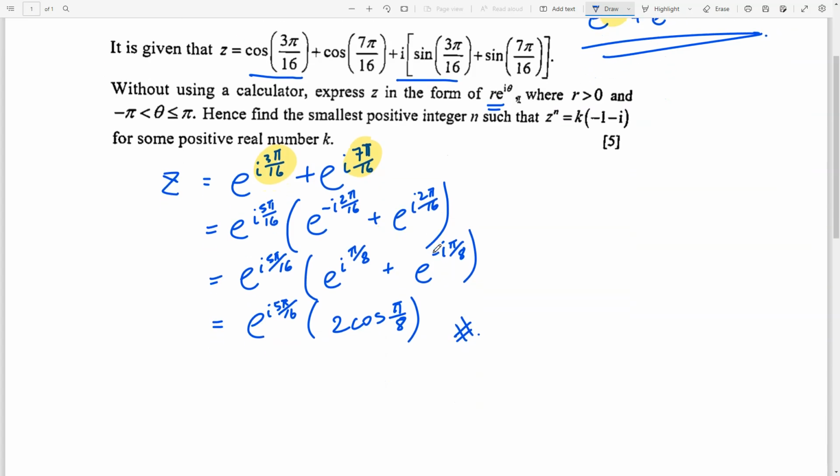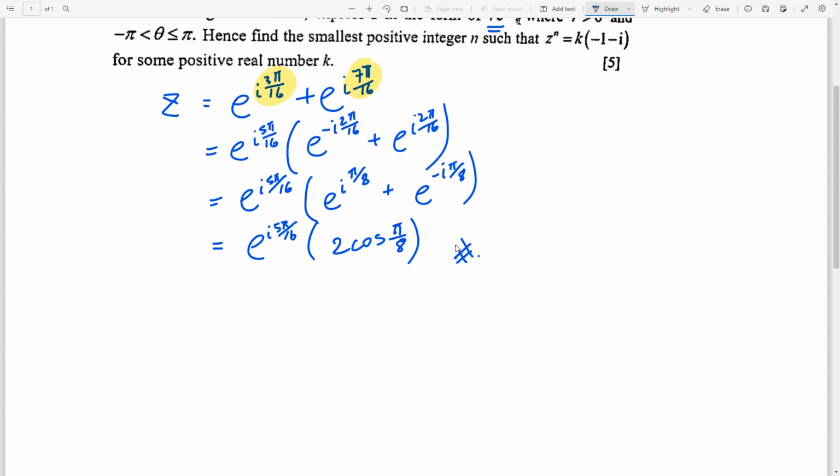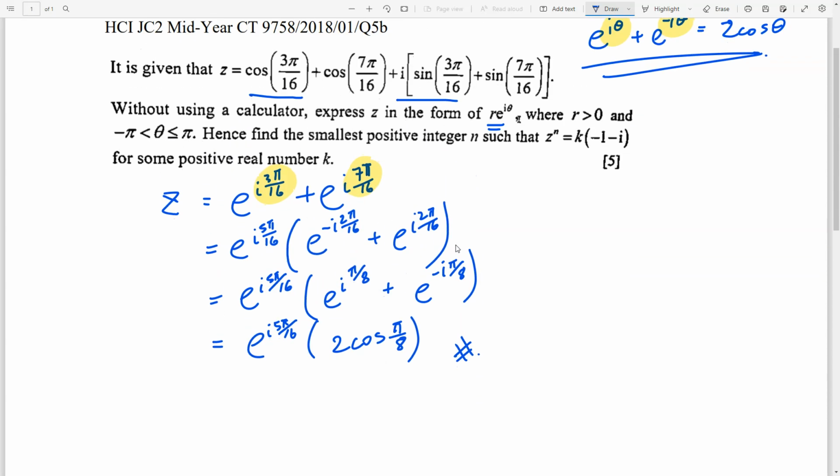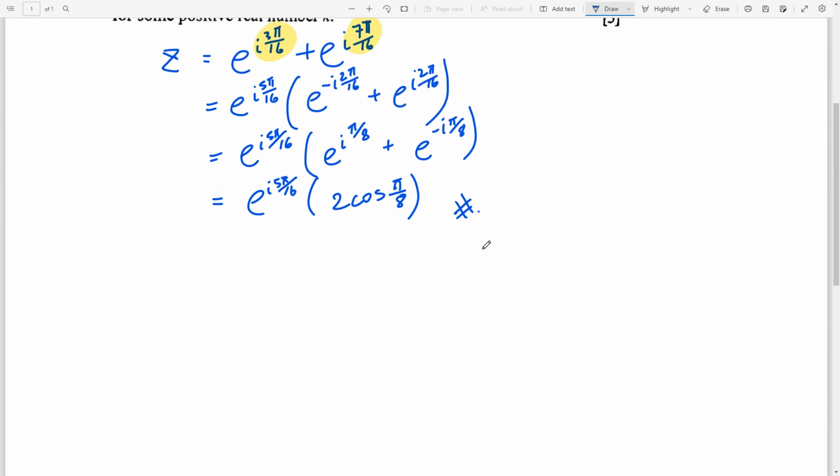To do this, first we need to understand what z^n is. z^n is e^(i5nπ/16) times 2^n cos^n(π/8). This equals k(-1 minus i).